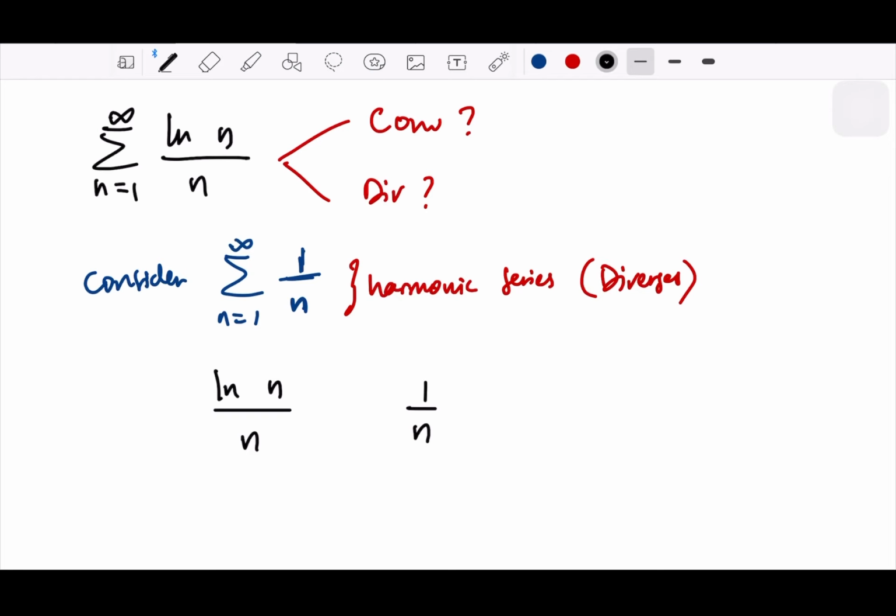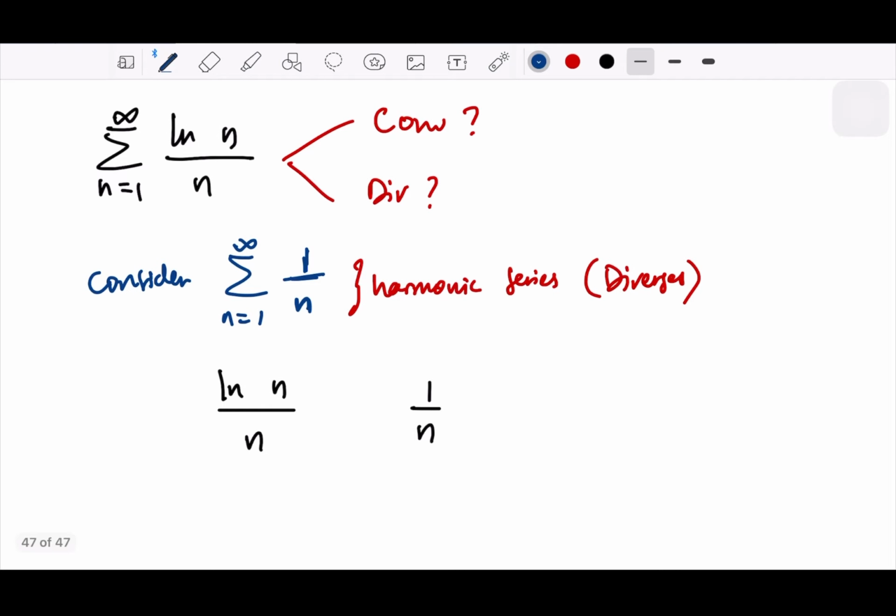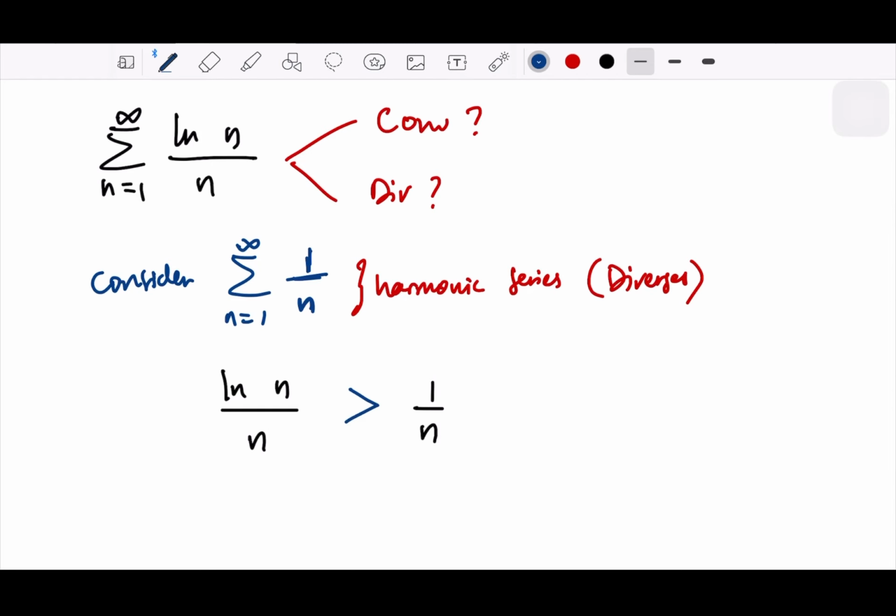So after n equals 3, it is greater. So we can make the conclusion that this is greater than 1 over n, but n should start from 3.